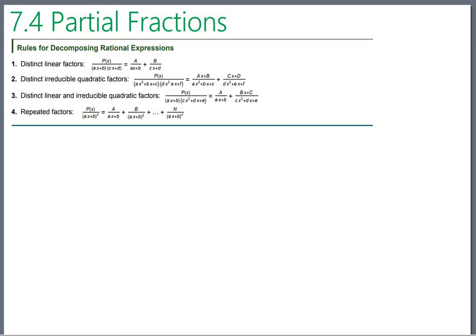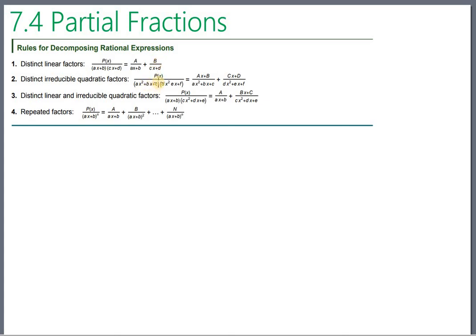And this is really just reminding you of how to break them apart. So it all depends on what the factors are in the denominator. If you get two distinct, that's what distinct means, two different linear factors like we did, we got x plus 2 and x minus 6, you just break them apart, put an A and a B on the top.